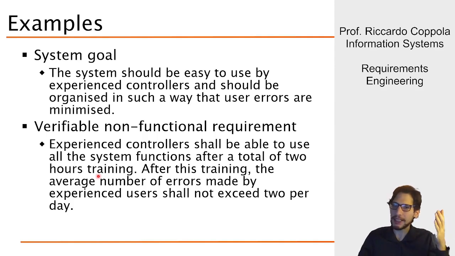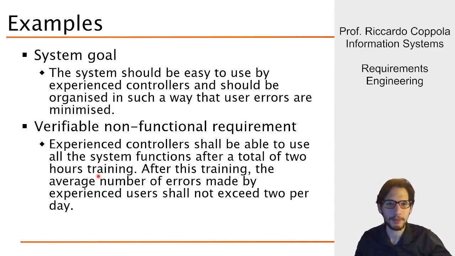I say that my system is easy if it can be used in 2 hours. If after 2 hours I'm able to do everything with my system. If my training must last at most 2 hours. This is a crucial step, because if I put numbers to my requirements, then I can measure these numbers in reality, and I can blame my developers if they are not reached.